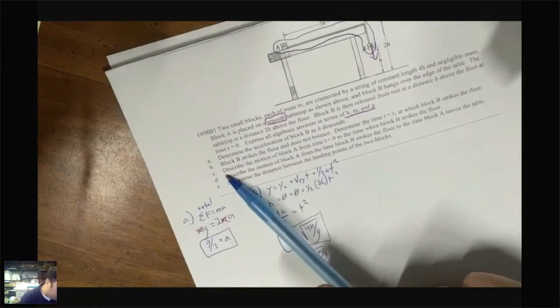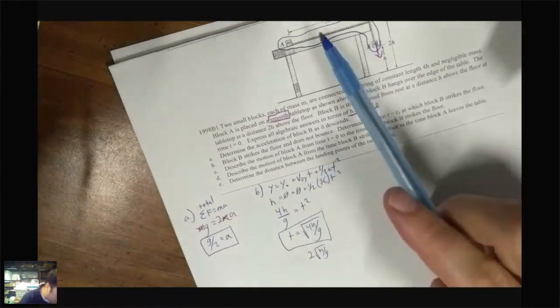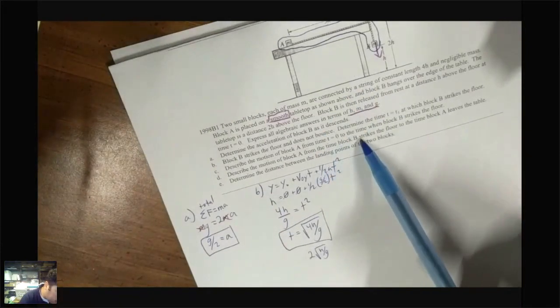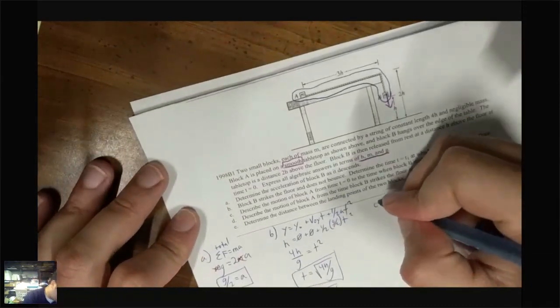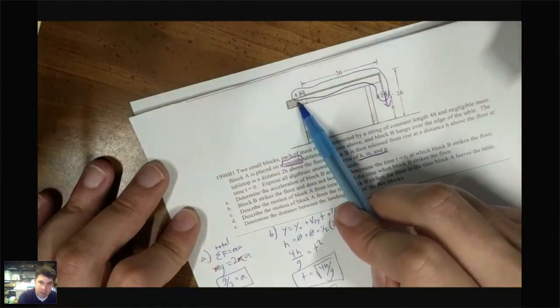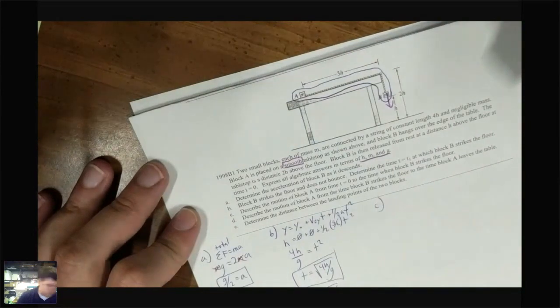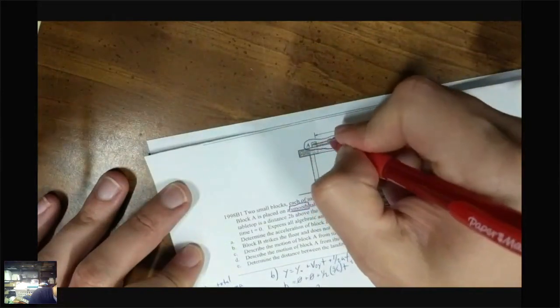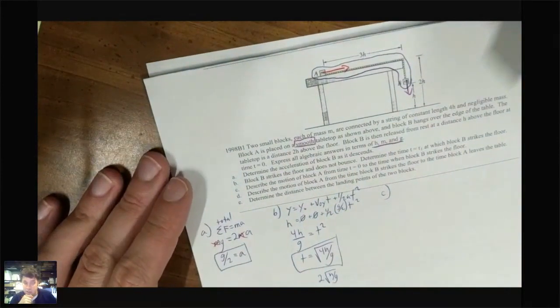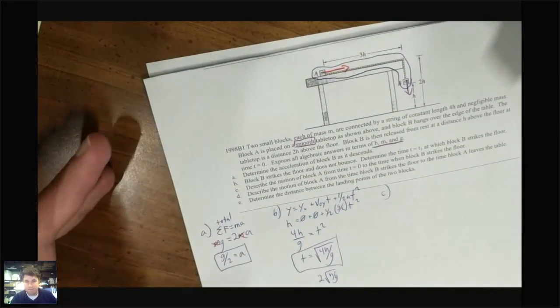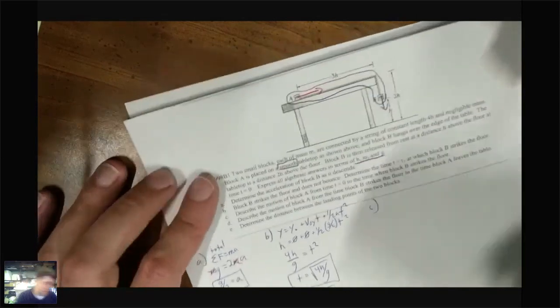Okay, so part C, describe the motion of block A from time t equals 0 until block B strikes the floor. All right, so for this one, block A gets pulled away with a constant acceleration. And that's about all we can say here.